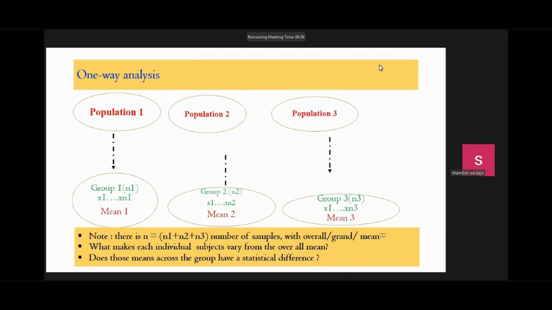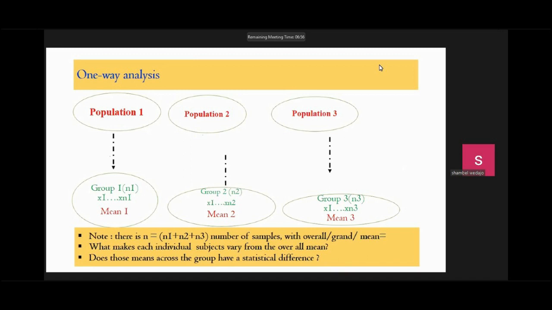From population 1, you have group 1, some samples, which is sample 1, N1, as shown in the graph. From population 2, you have taken group 2 samples, which is N2, with individuals from X1 up to XN2.